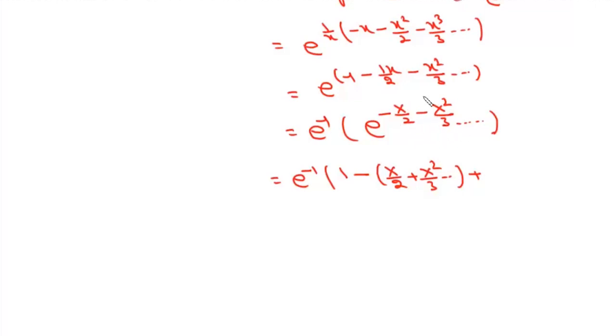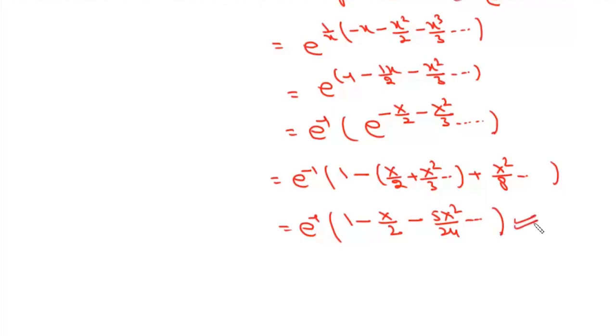So in this case, if I take the square of this series, then the term I'll get is x square upon, now 4 and 2 will be 8. So we'll get this as e to the power minus 1 times 1 minus x by 2, and then it'll be minus x square by 3 plus x square by 8. So it'll be this minus 5x square by 24.